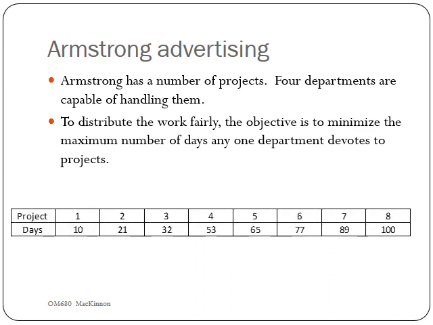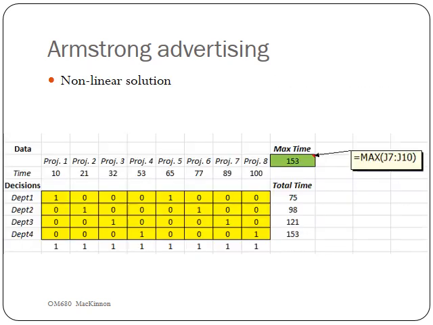So we have 8 projects and the number of days that each project will take. We need to divvy these up amongst 4 departments, such that we minimize the maximum number of days that any one department devotes to the projects.